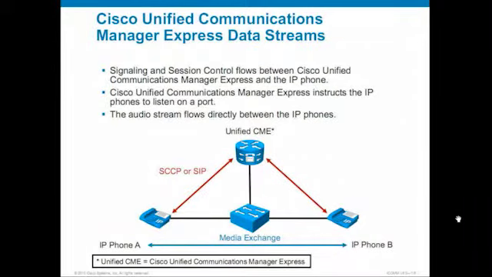So the way this works, when user A, where you see on the slide on IP phone A, wants to call user B, picks up the handset, and immediately the phone signals Communications Manager Express.